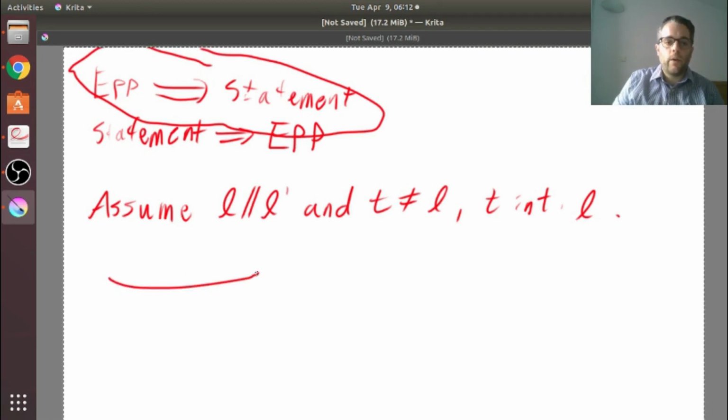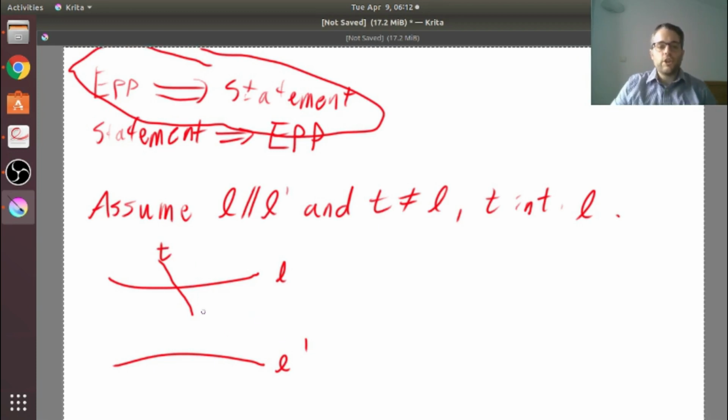So I've got L, I've got L prime, and I've got some line T which hits L. What I need to show is that this line also hits L prime.